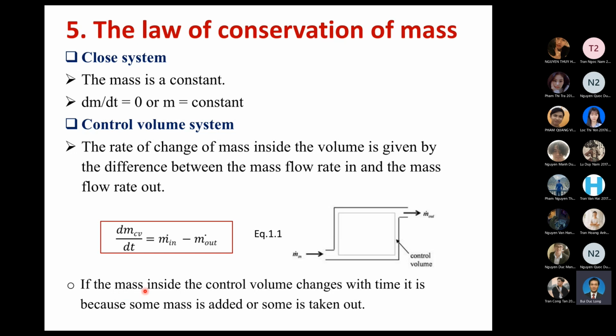If the mass inside the control volume changes with time, it is because mass is added or taken out. This is the core of changing mass inside the control volume system. The change of mass is because it is added in or taken out. So remember that.